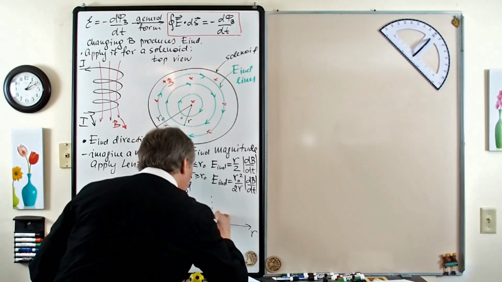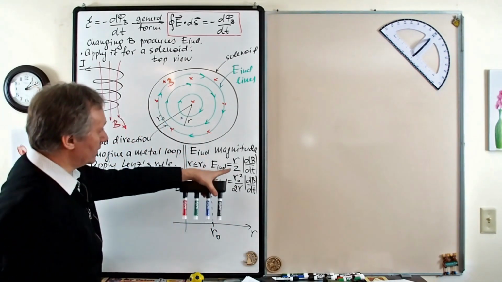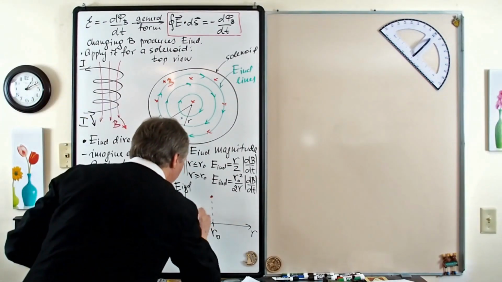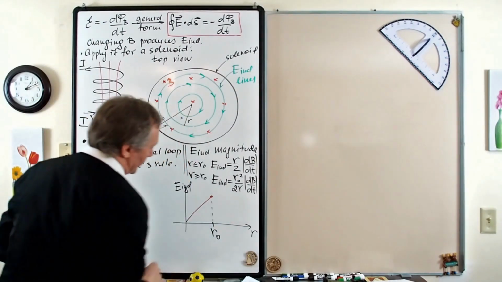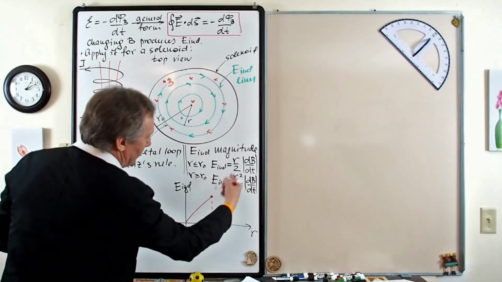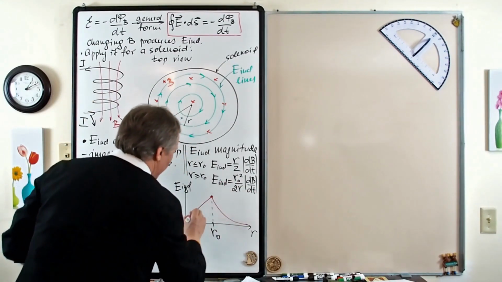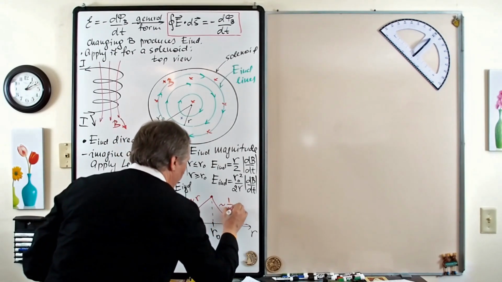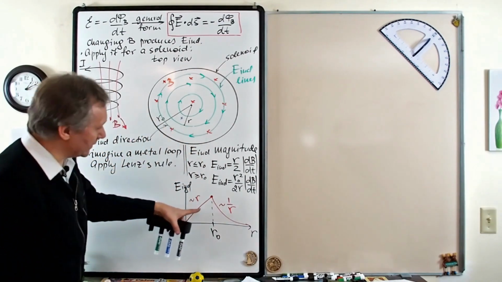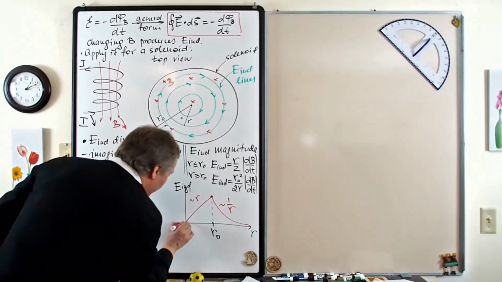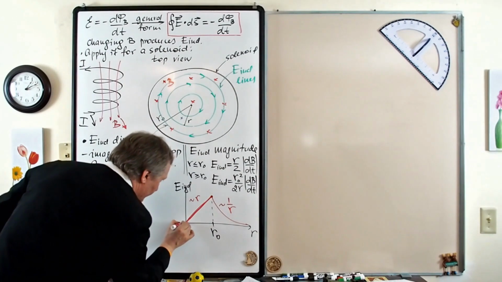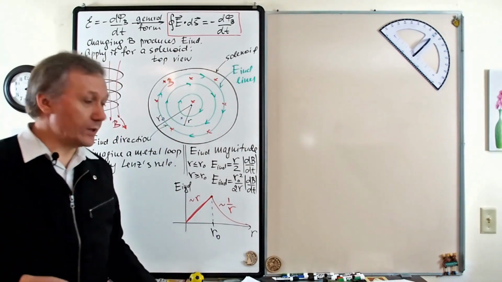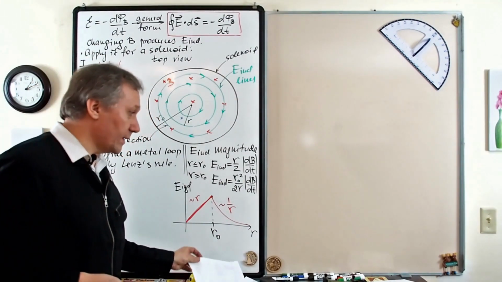Let's say this is the line, and then inside, the induced electric field is growing linearly with R. And then outside it decays as 1 over R. So here it's proportional to R, and here it's proportional to 1 over R. Okay, it's slightly not straight, but it should be a straight line. Okay, so that's the review of what we need in order to solve the next problem.